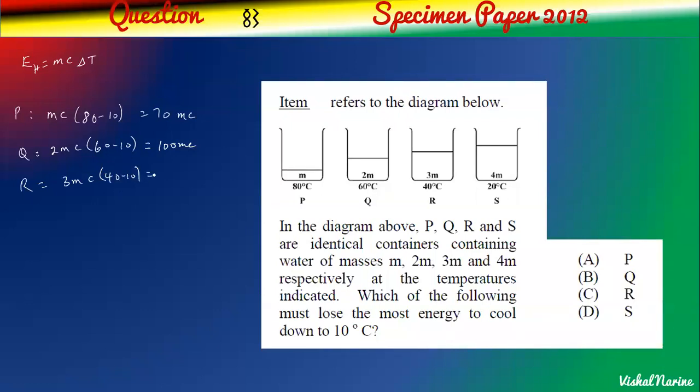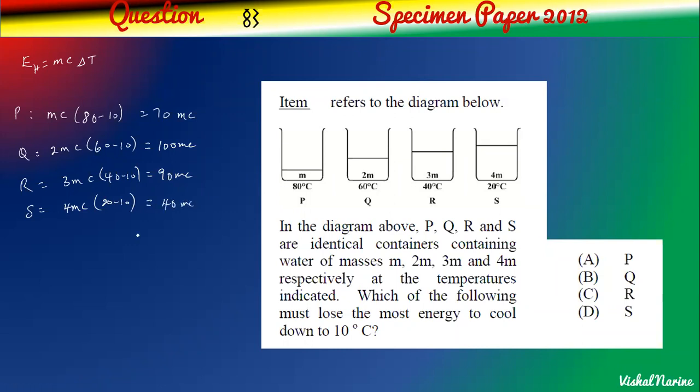Working all of that, you're going to end up with 90 mc. And S, the mass here is 4m, which is 4 mc, and the difference is going to be 20 minus 10. Working all of that is going to end up with 40 mc.